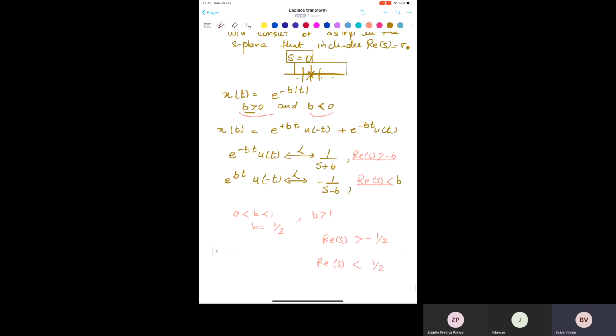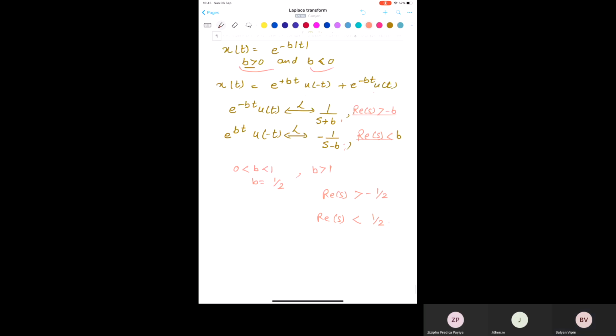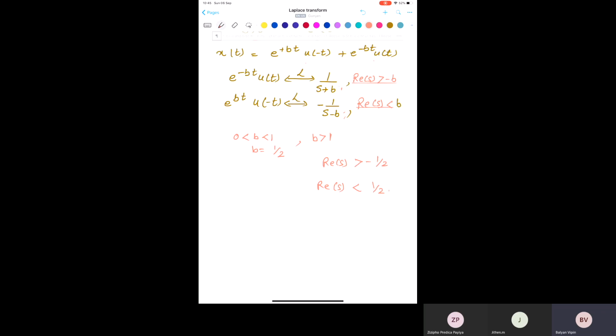So we have to find the Laplace transform of both of them added together. So we will add these two, and we have to find a common region of convergence for these two, this and this. Just assuming that my b is 1 by 2, I'm just working on this part now, where b is between 0 and 1.